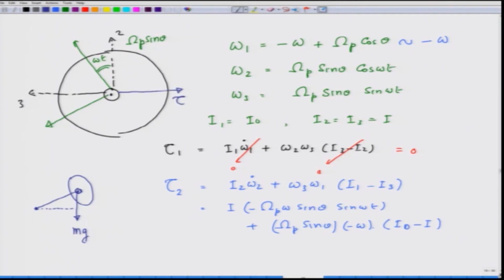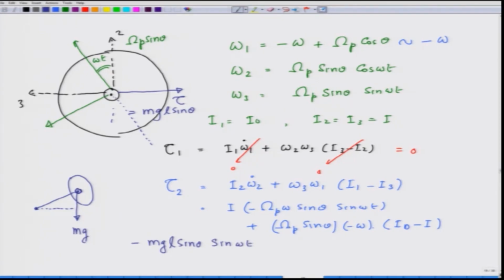This is tau. And how much is the magnitude? It is equal to mgL sin theta. So, if I were to calculate tau 2, tau 2 would be in this direction, and this is going to be minus mgL sin theta sine of omega t.